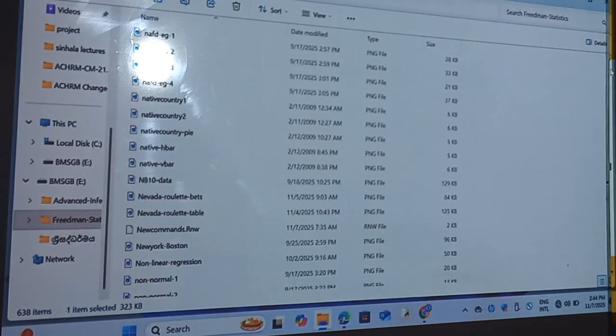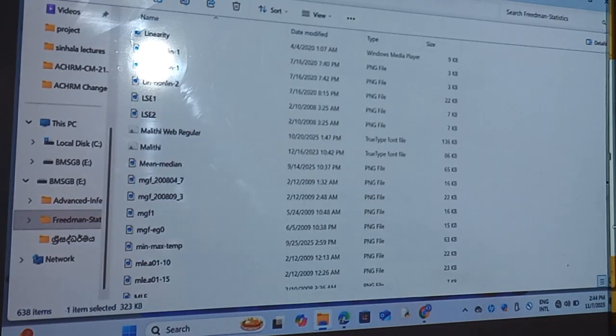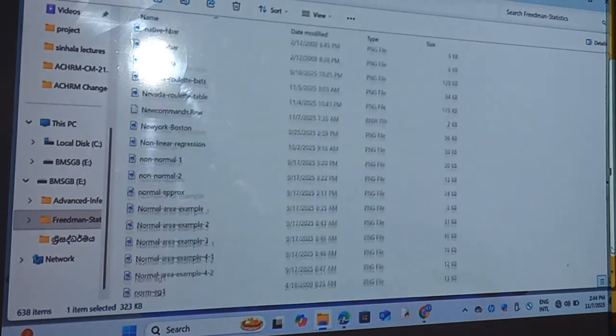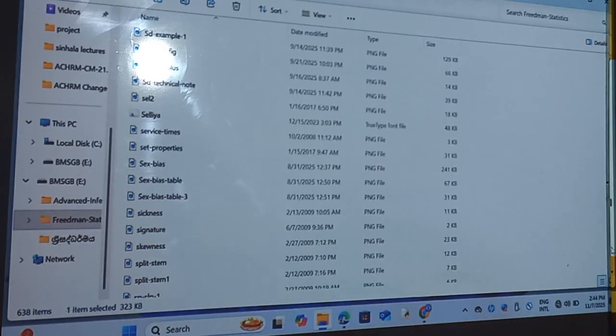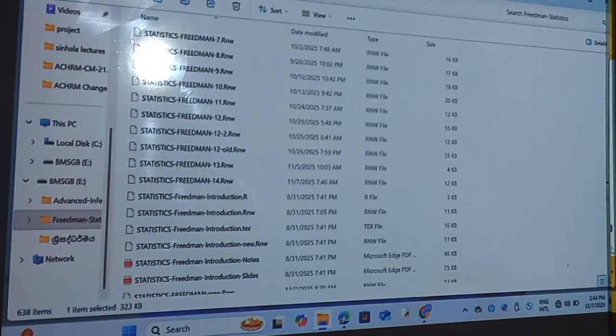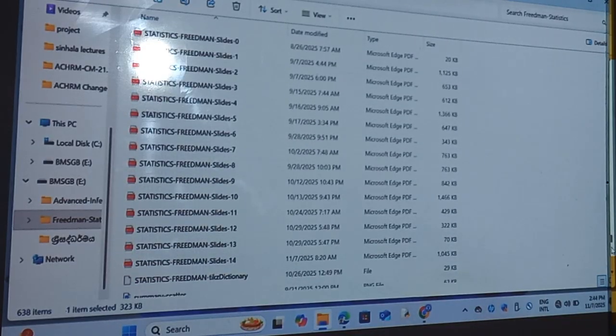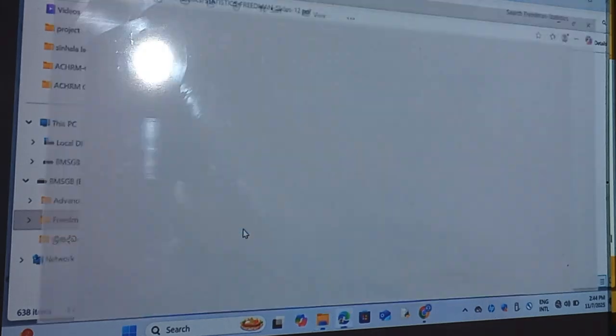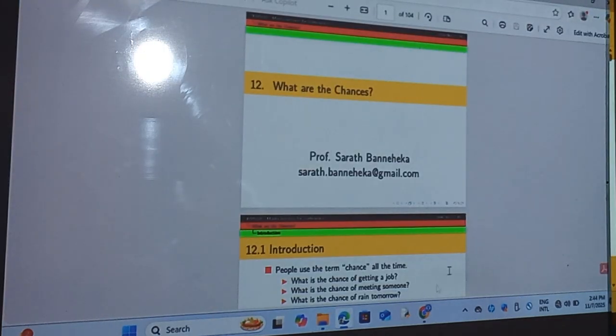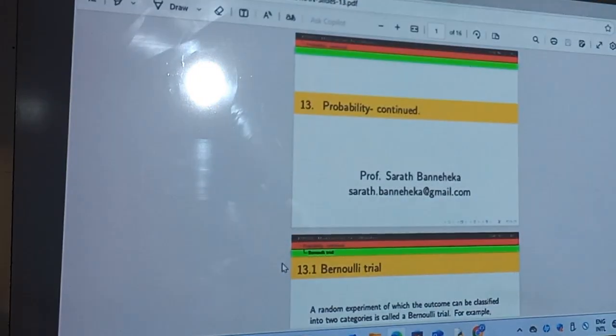So can we go to the next chapter? We did this one. Today we look at one model called the binomial model.